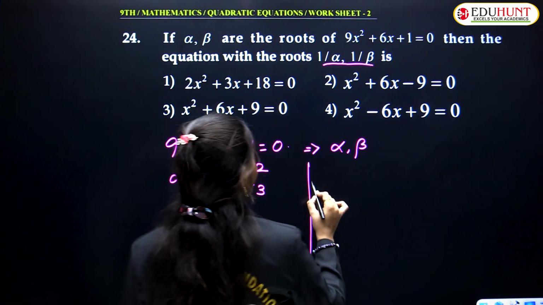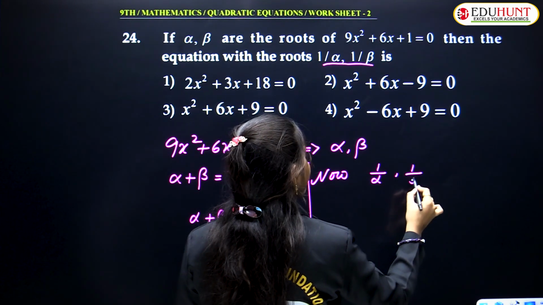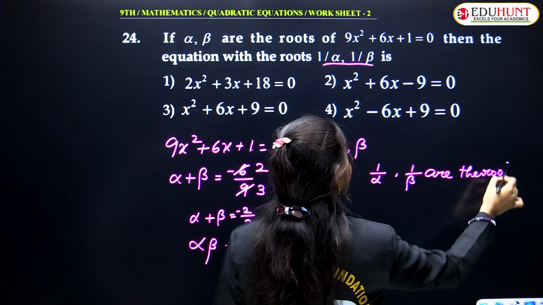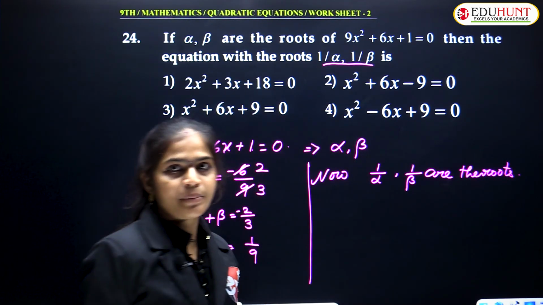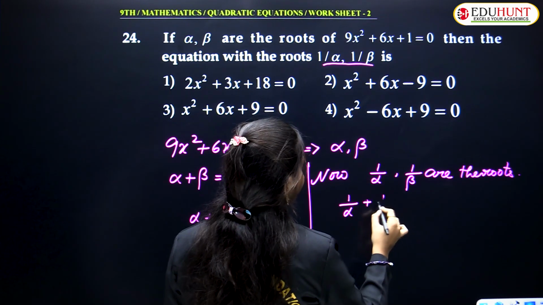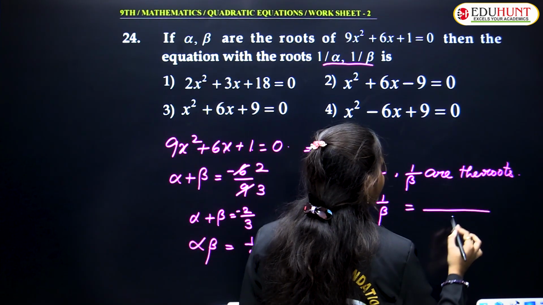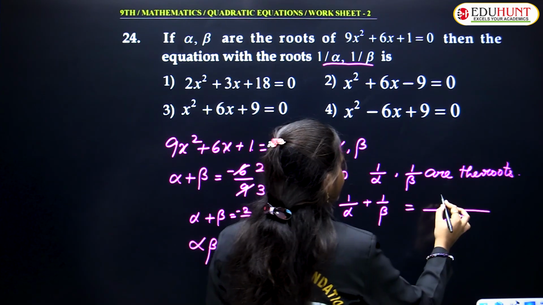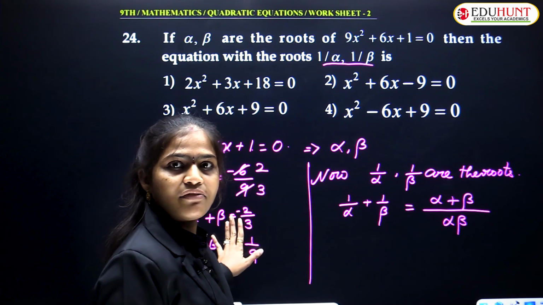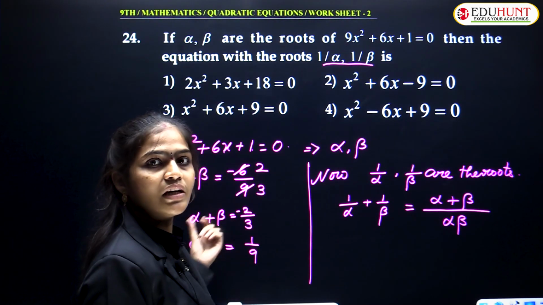Now 1 by alpha, 1 by beta are the roots. Now the sum of the roots is 1 by alpha plus 1 by beta. What is the LCM? Alpha beta is the LCM, so in the numerator alpha plus beta. We know the alpha plus beta value and the alpha beta value.